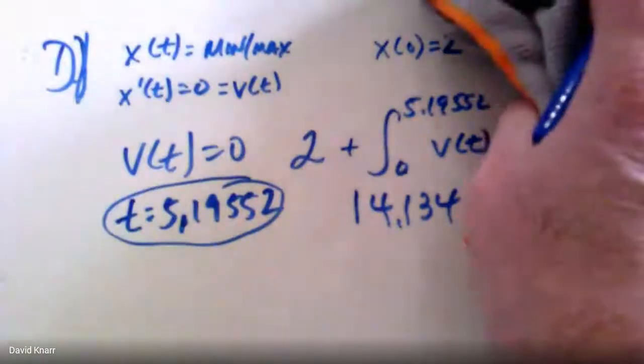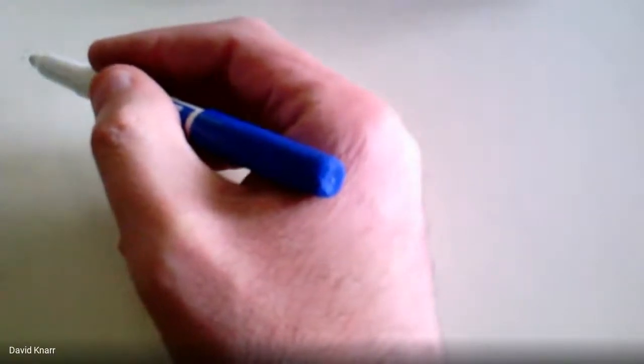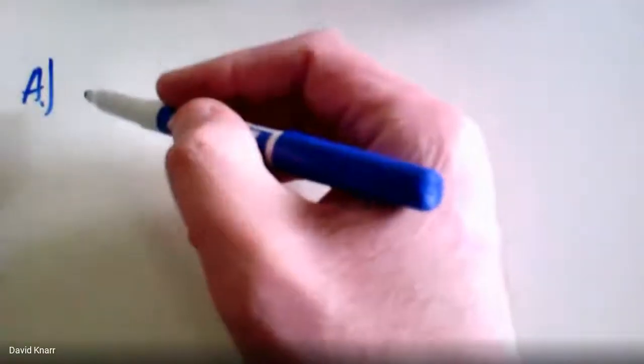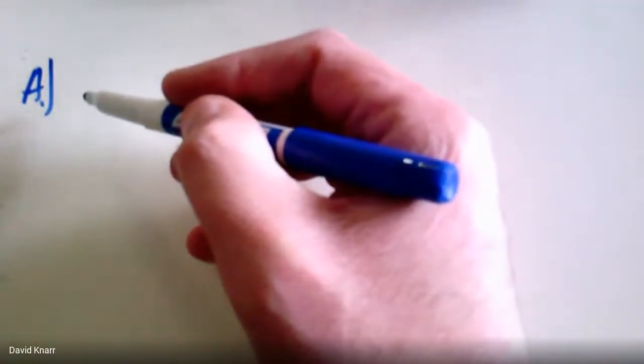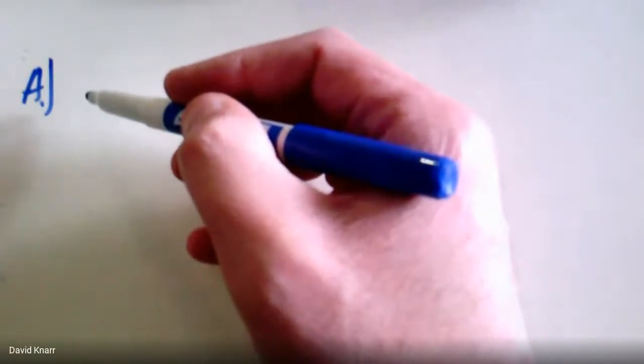All right. So let's go on to the second one here on the bottom, which is number 1. Karen rides a bicycle, and you're given a graph there. Letter A says to find the acceleration of Karen's bicycle at t equals 7.5 minutes. You're given that graph as the graph of velocity.